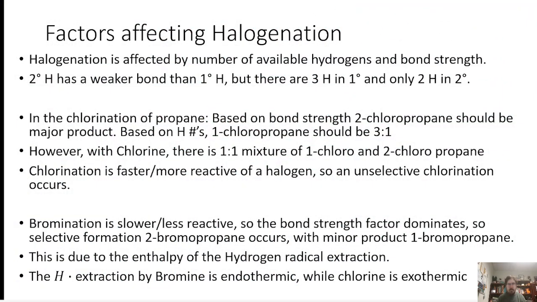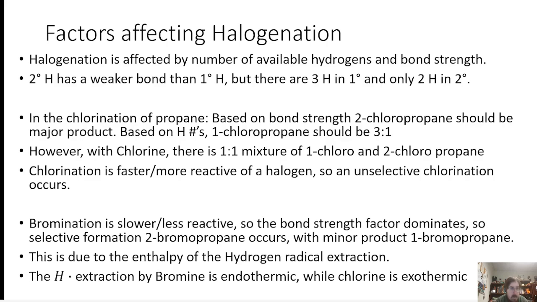Okay, let's get started. So, factors affecting halogenation. We talked about how radicals usually come from formation of a chlorine or bromine radical, which can be generated by heat, by light, or some sort of peroxide initiator.